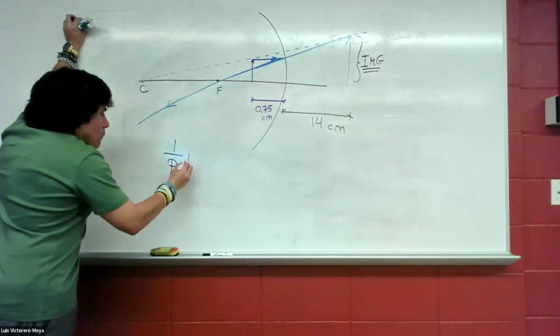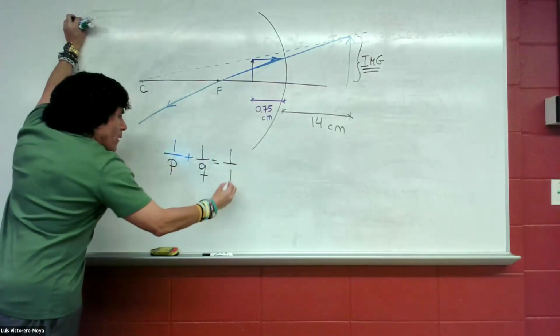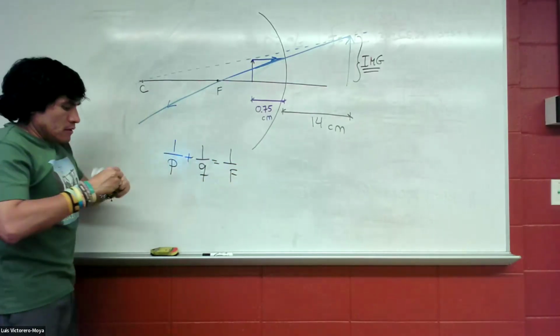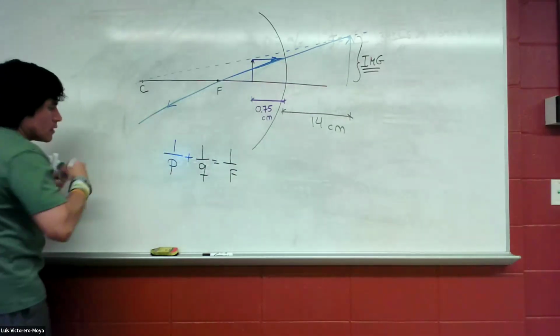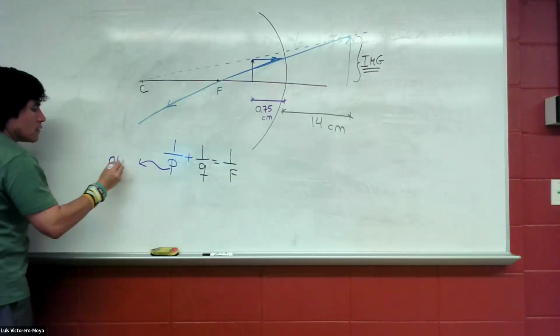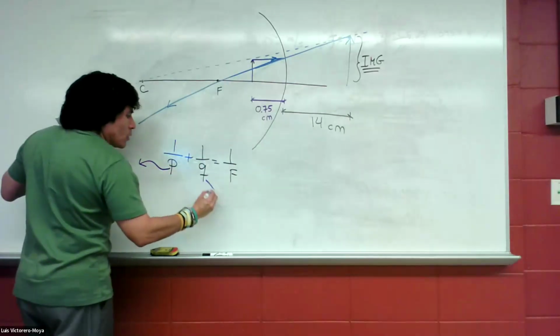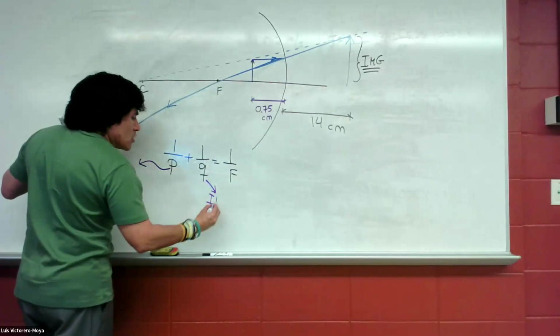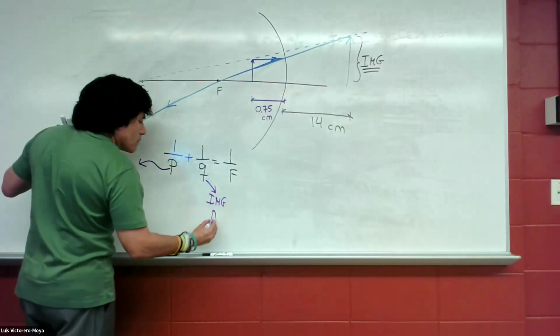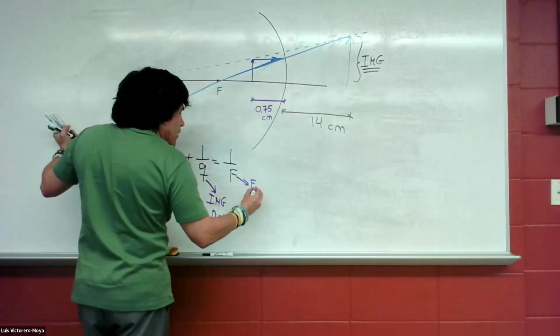1/P plus 1/Q equals 1/F. All right. What's P? That's the object distance. What's Q? That's the image distance. And F, of course, is the focal length.